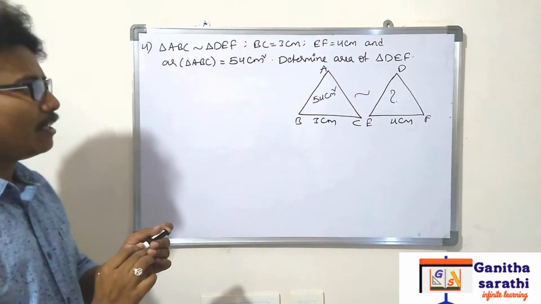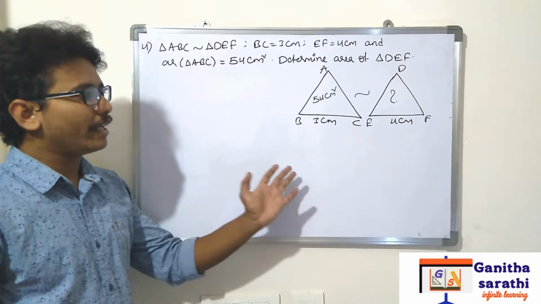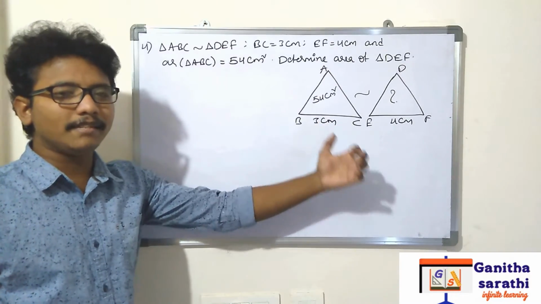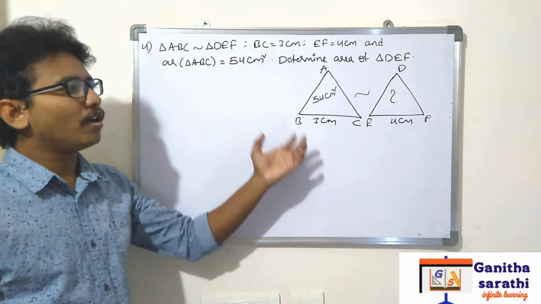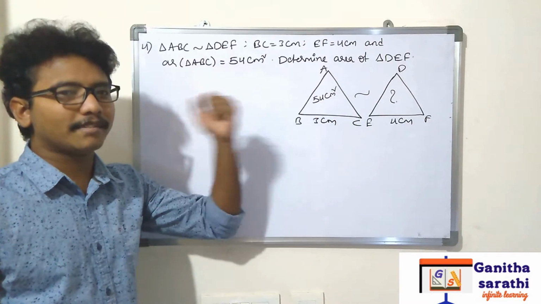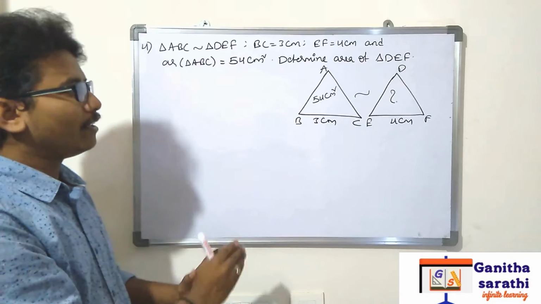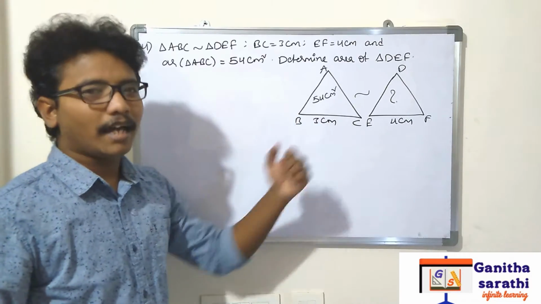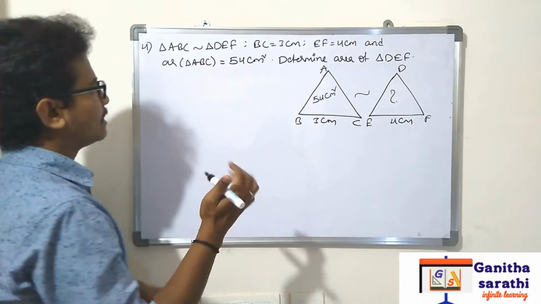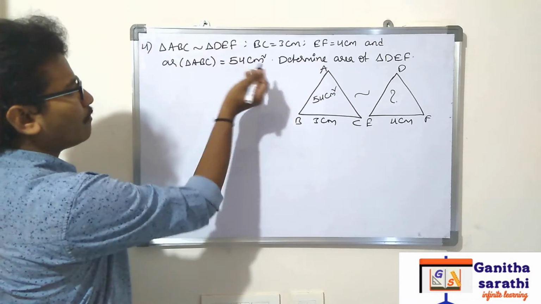We all know the theorem. What is it? Ratio of areas of two similar triangles is equal to the ratio of squares of their corresponding sides. Okay, we will use that. Already he is giving that the two are similar triangles, so there is no need of proving again that they are similar. Now, we have to find area of DEF.